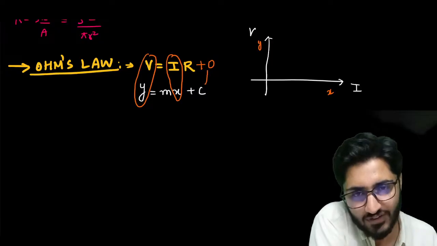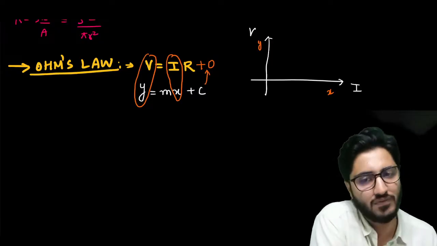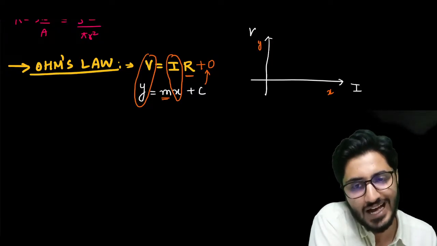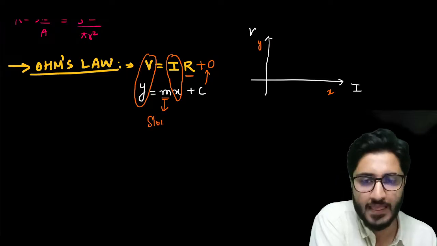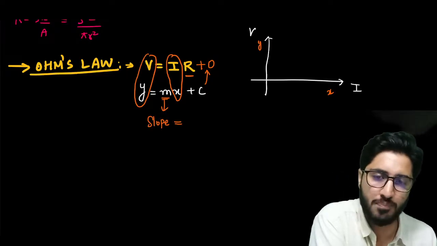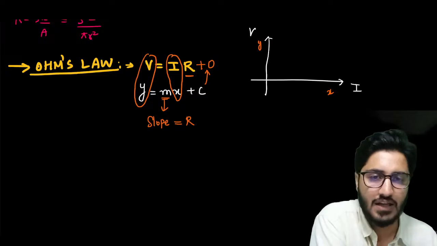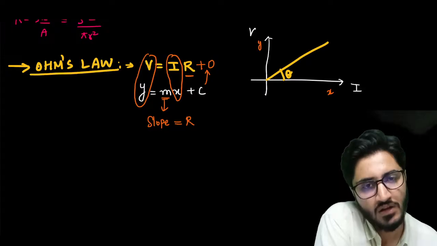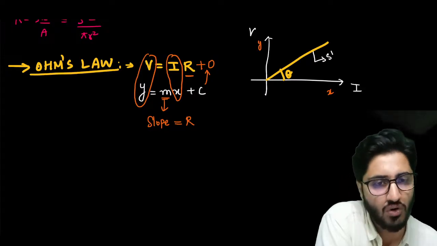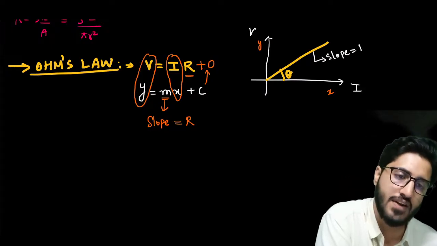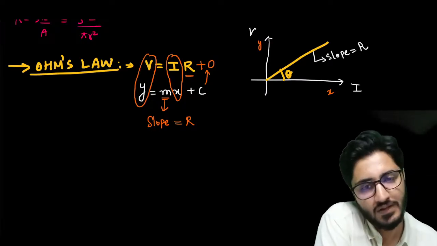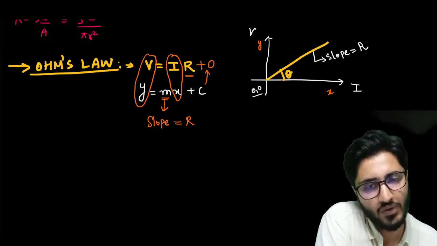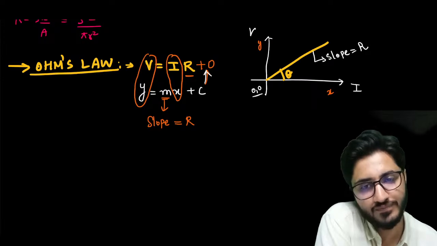So my C is 0, intercept is 0. And R, what is R? R is M. M means slope. So slope is R here, right? If I just draw a line, this is theta. So this line represents slope and this slope represents resistance R. And it crosses 0, 0. That means intercept is 0.